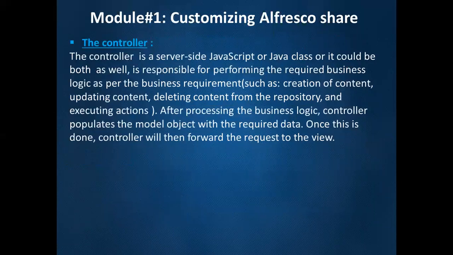After processing the business logic, the controller populates the model object with the required data. Once this is done, the controller will then forward the request to the view, as we saw.